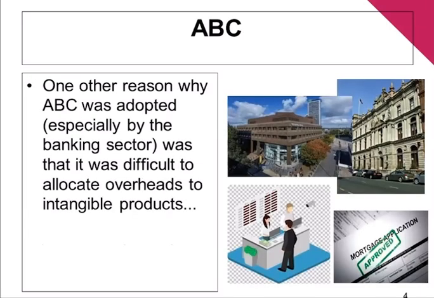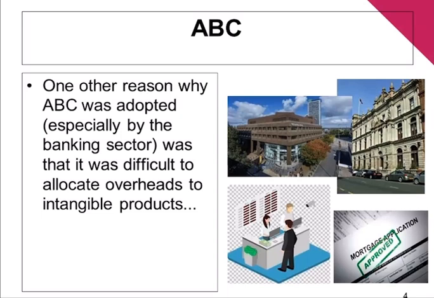Now, where activity-based costing really came to the fore was actually not in manufacturing, although it is used in manufacturing a lot. Where it really became popular was in the banking sector, because the banking sector was one of the first service sectors with intangible products.